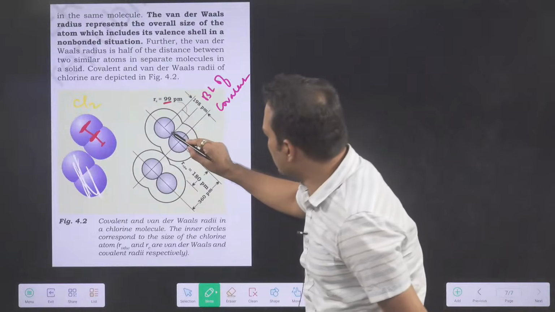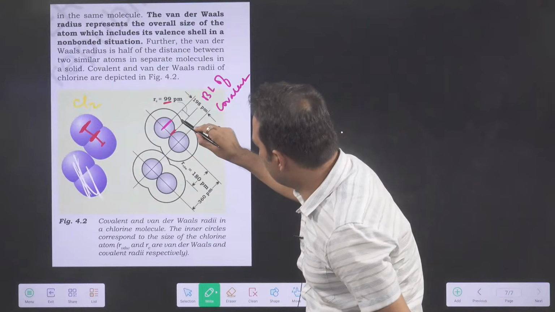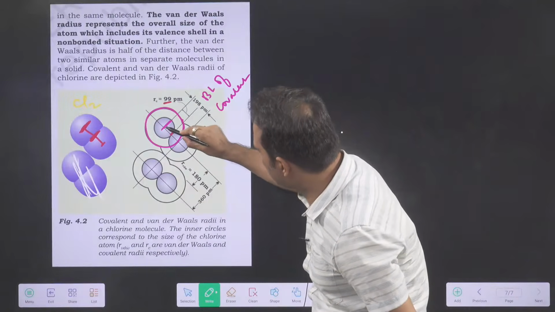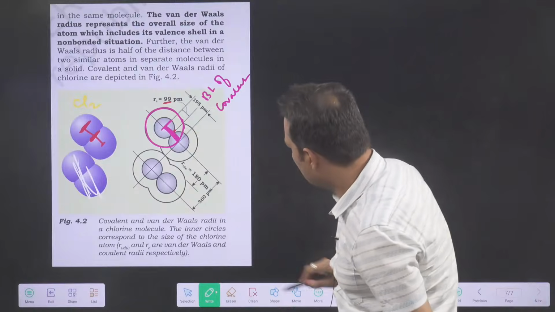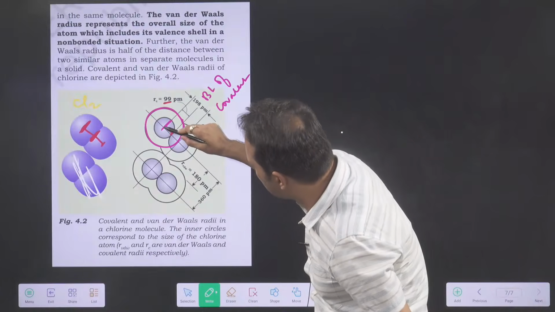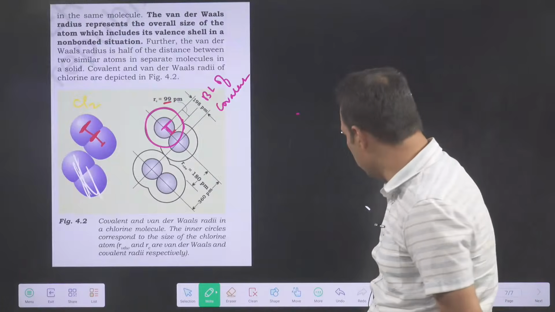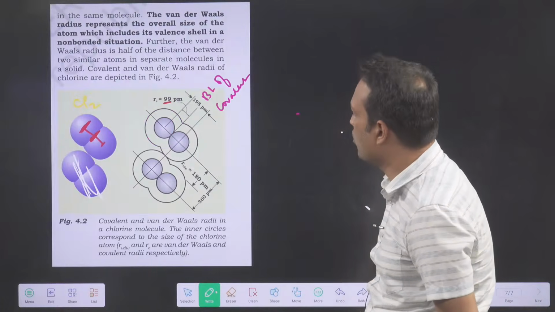So this calculation is from here till here. Originally the valence shell should come till here. You are not measuring this part. You are just measuring this much. So you are measuring only core.